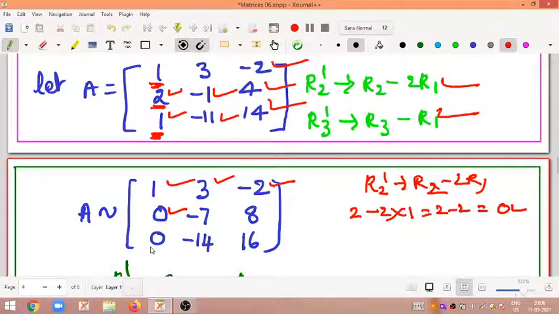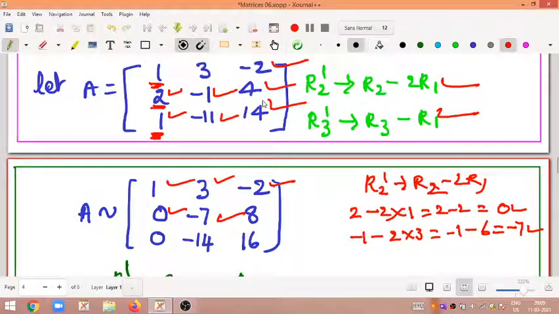I wrote 0 here. Again, the R2 element is minus 1, minus 2 into the R1 element 3, so minus 2 into 3 is minus 6, minus 1 minus 6 is minus 7. I wrote minus 7 here.